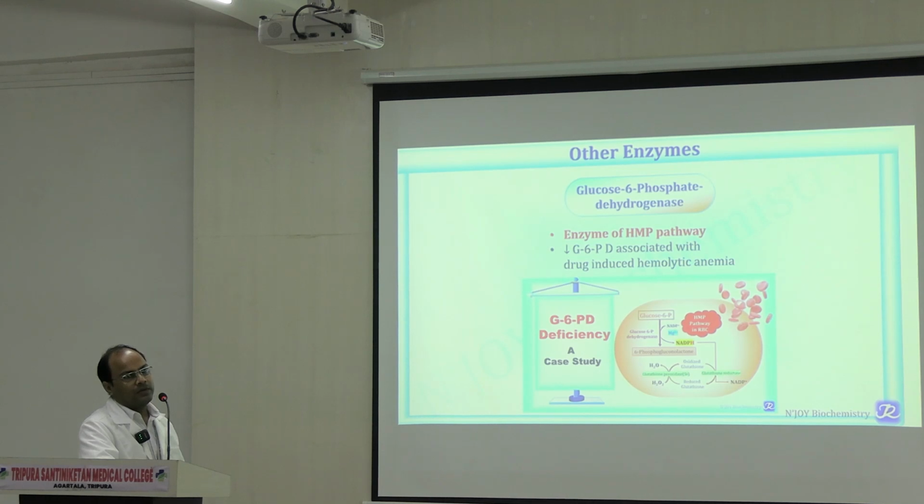RBC requires NADPH to neutralize free radical damage because RBC is always exposed to oxygen. Oxygen here is highly toxic. In case of G6PD deficiency, patients suffer hemolytic anemia. When we use some drug like primaquine, patients drastically come with hemolytic jaundice.